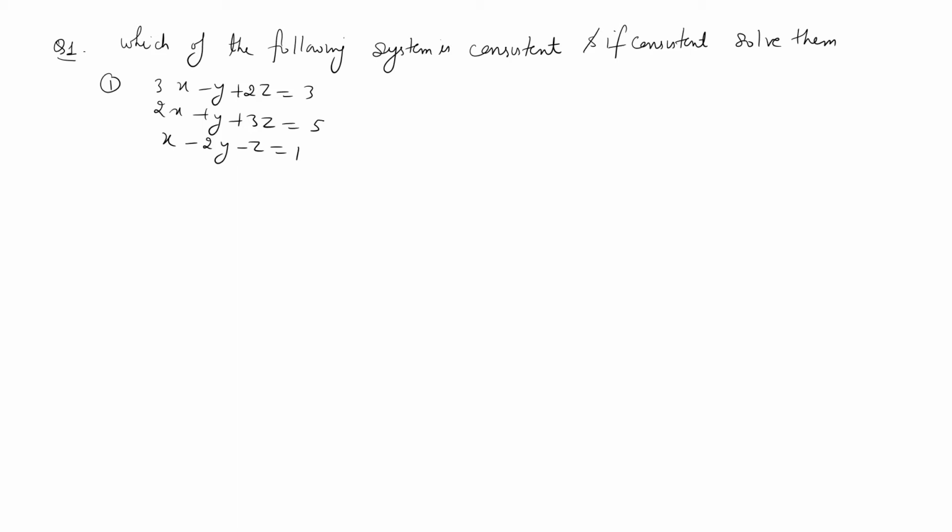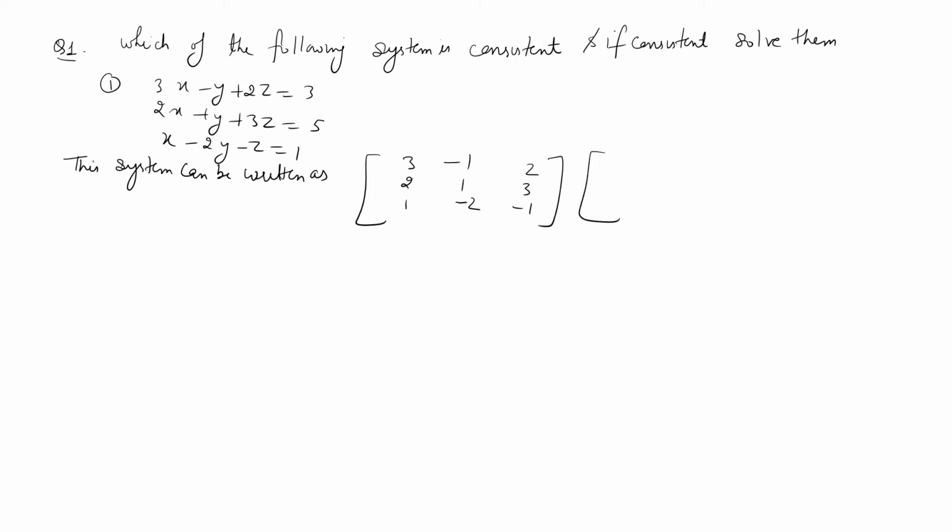Now we know that this system can be written as the product of the coefficient matrix [3 -1 2; 2 1 3; 1 -2 -1], times x y z, equal to 3 5 and 1.